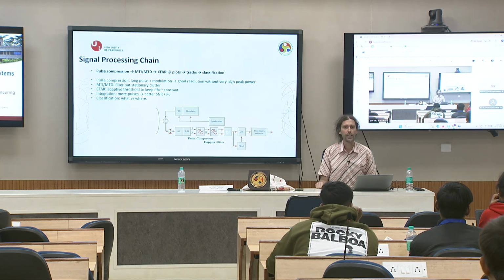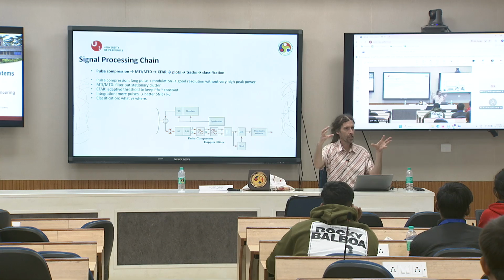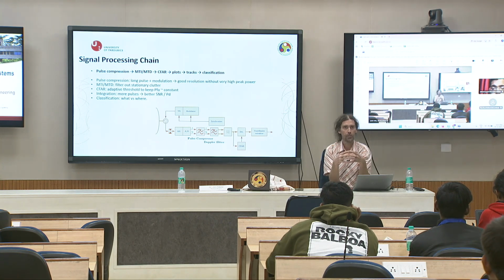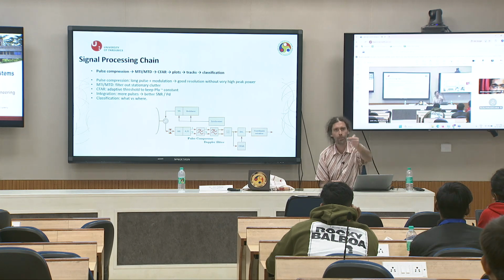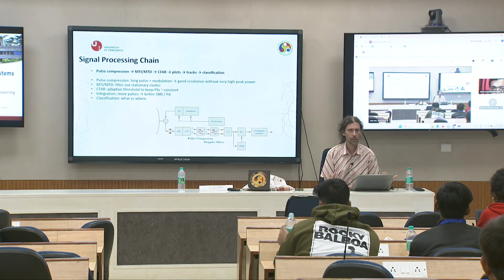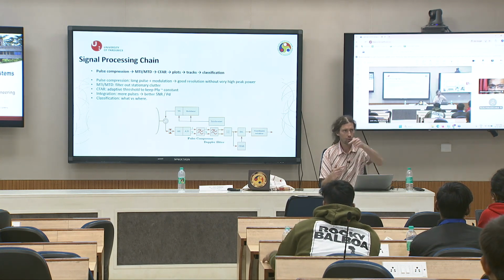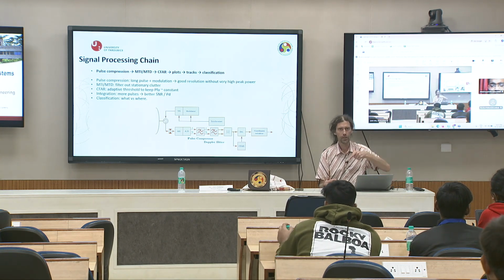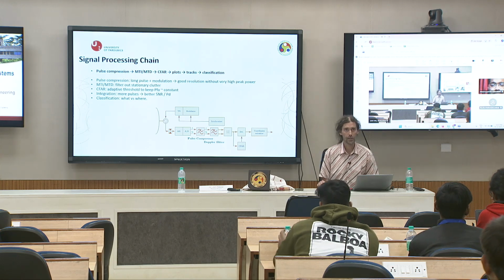So I need to match all the mutual detections that correspond to one target, because you don't get only one reflection per target, but multiple. It depends on how quickly you send the PRI and the size of the target.